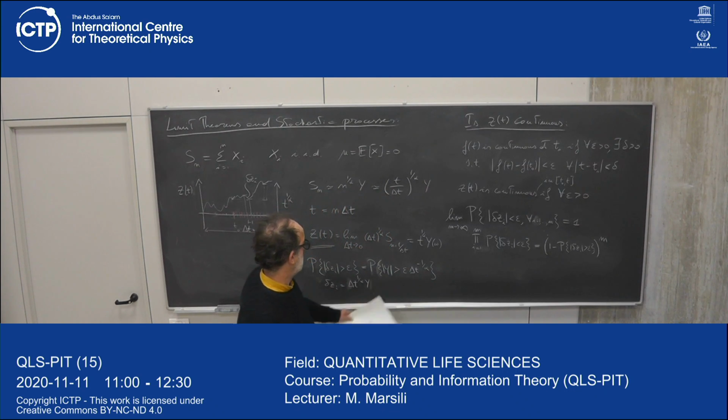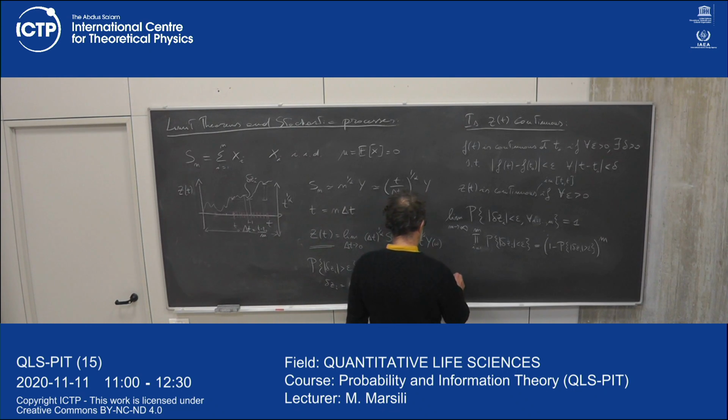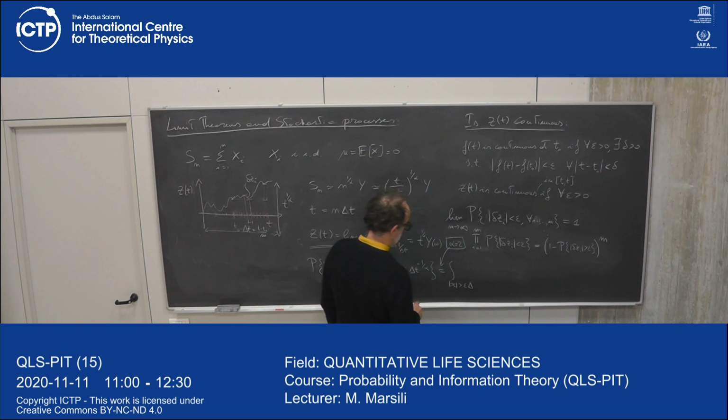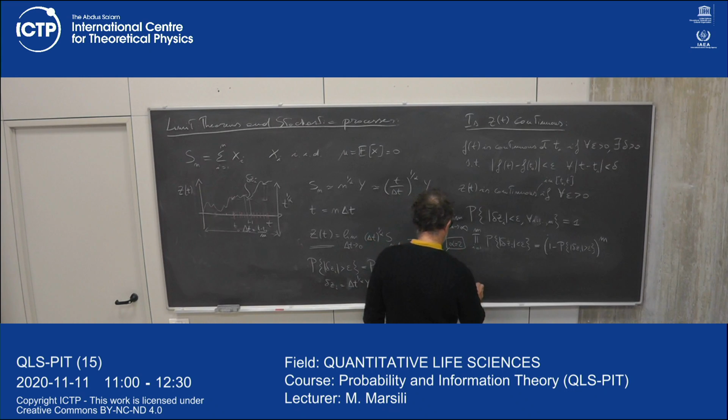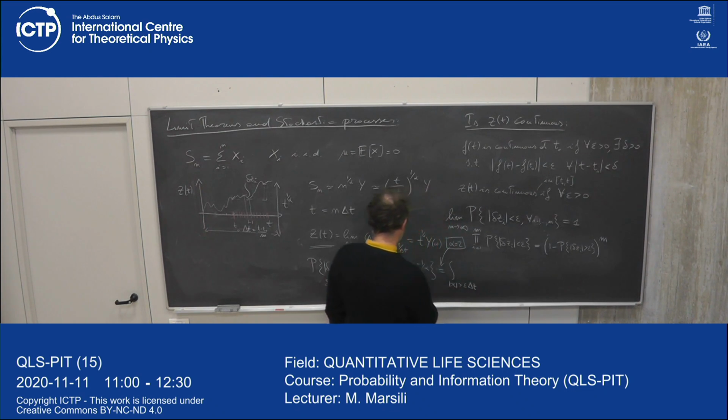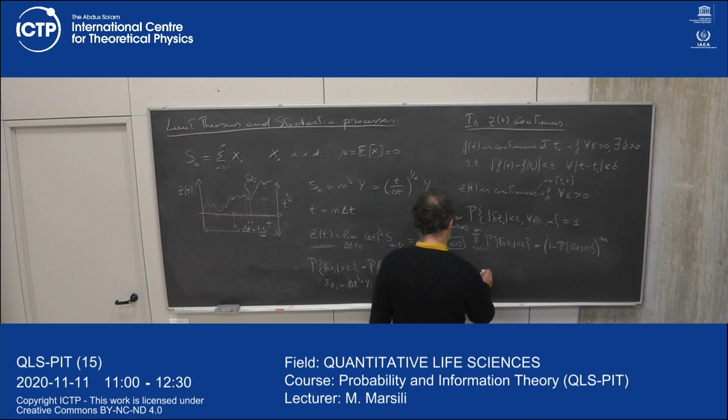Okay, so for the Gaussian, this is the integral for x larger than epsilon divided by delta t to the 1/2, of dx over square root 2 pi, e to the minus x squared over 2.